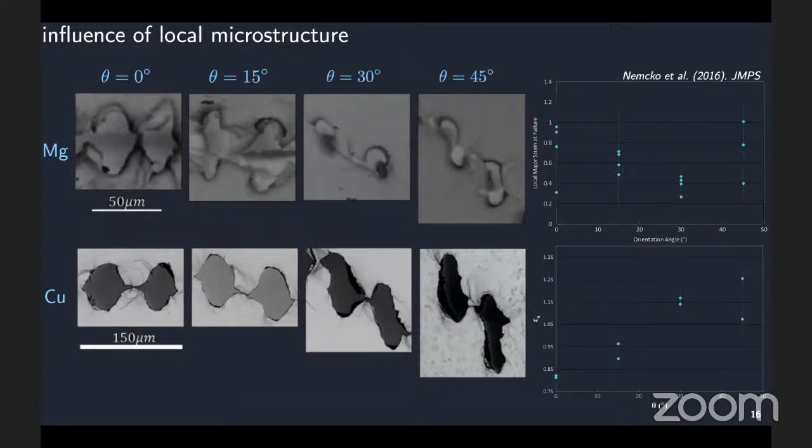Because you so far don't seem to have done simulations where you take an initially non-spherical shape for your void. I know that Amin has done this work for other materials and Shyam has been doing this. But in the context of magnesium, what do you think would happen if you put in a void which was ellipsoidal in the initial shape? How would it grow and coalesce? Will it flatten out completely, or can you comment on it?